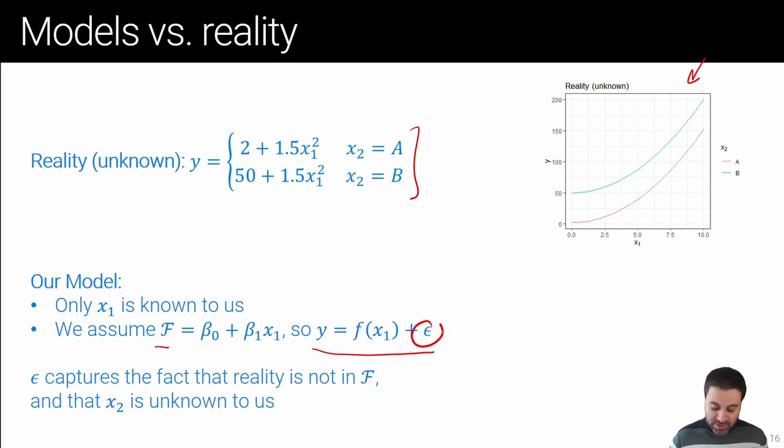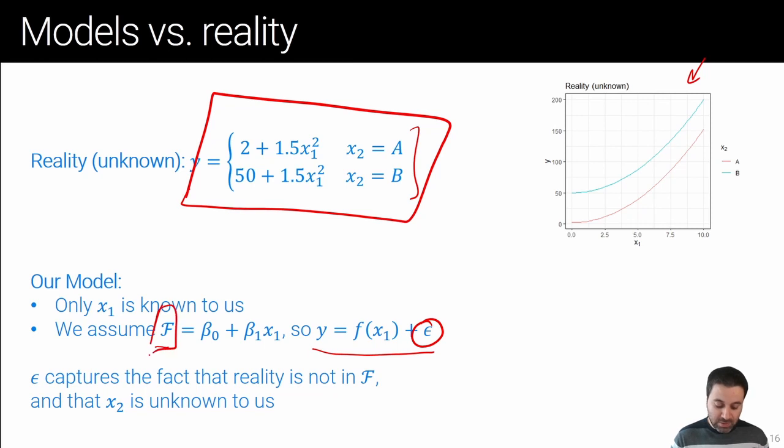And so this epsilon, again, captures two things. First of all, that reality, the real model, is not in the class of models, because the relationship we have in reality is quadratic, and the relationship we have in our model is linear. There's no x1 squared. And the second is that we have no knowledge about x2.